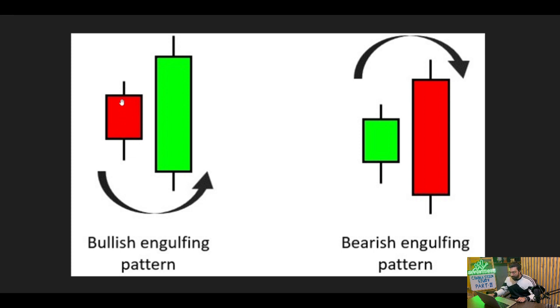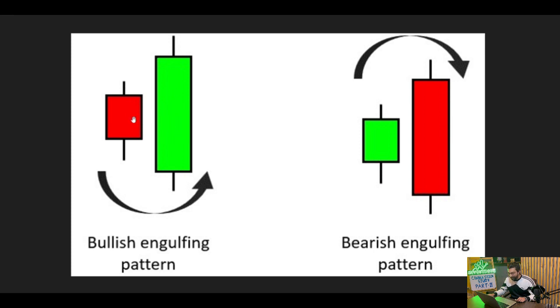From the example we can see this is a red candle, or a bearish candle, and this is a bullish candle. But you can see the bearish candle is small and the bullish candle is a big one. You can see the entire body, or even the entire candle, of the bearish candle can be engulfed by the bullish candle.